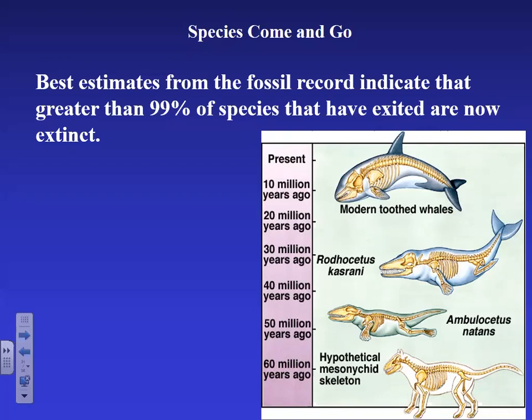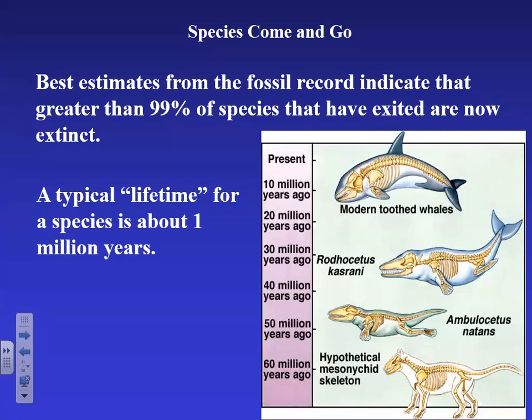Best estimates from the fossil record indicate that more than 99%, I think the number I've seen now is 99.999% of all species that have ever lived on Earth are now extinct. Now that means they either developed into a different species or just went extinct and their lineage died out. So it can be a couple different things.